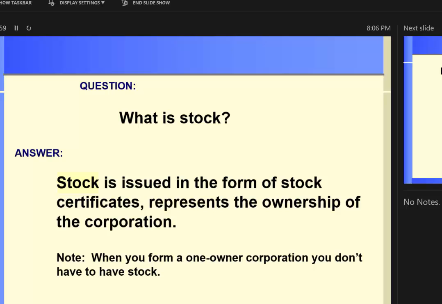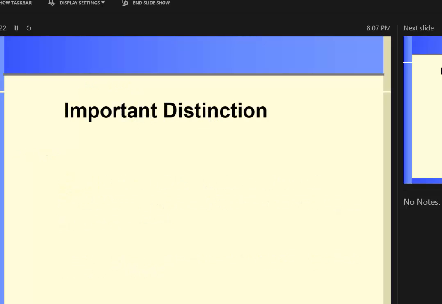However, when you form a one-owner corporation, you don't have to have stock. But stock is a great tool for raising funds for the corporation for doing business and setting up business, because you can sell them in small numeric values and give them a percentage of the profits of the corporation.